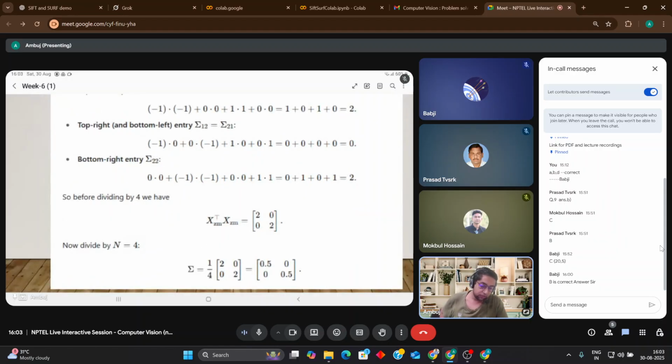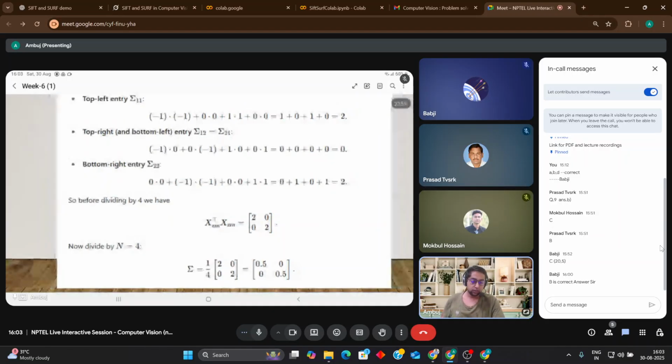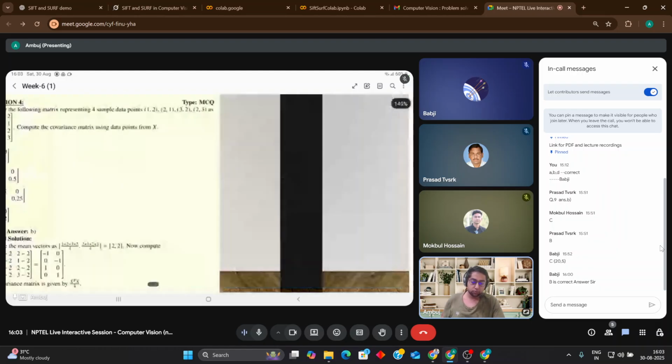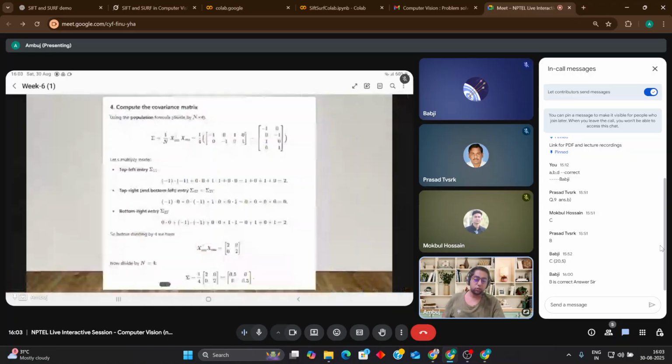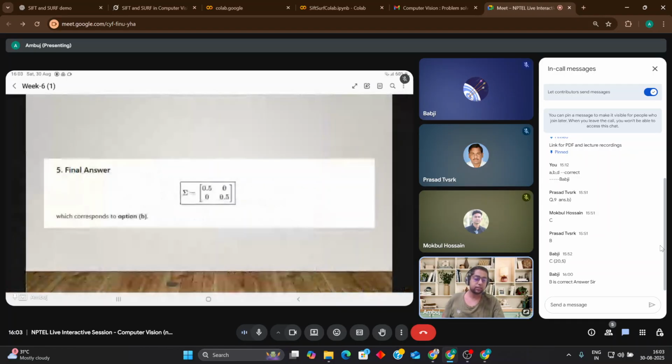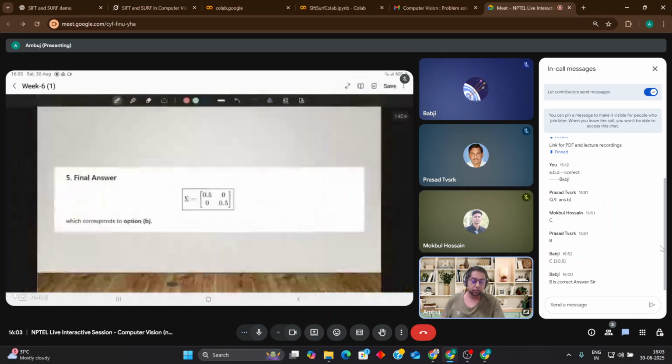Then you get 1 upon 4 times the matrix 2, 0, 0, 2, that is 0.5, 0, 0, 0.5. That is the same as option number B, so this one would be true. The final answer is option number B, and this particular matrix.